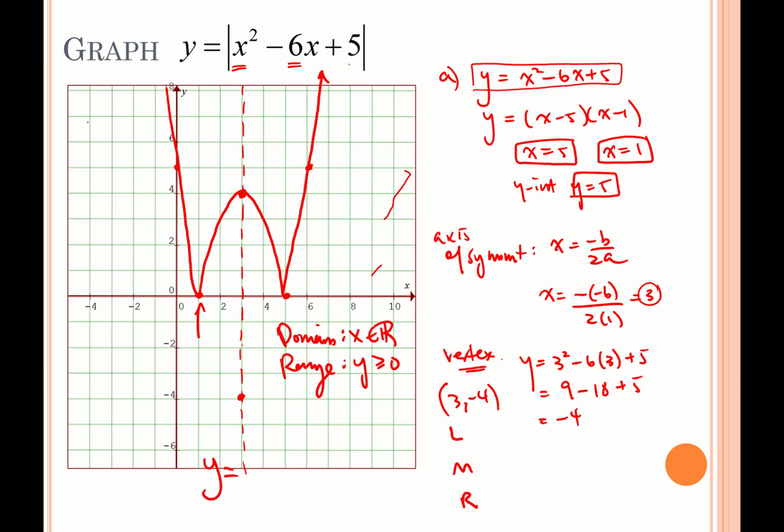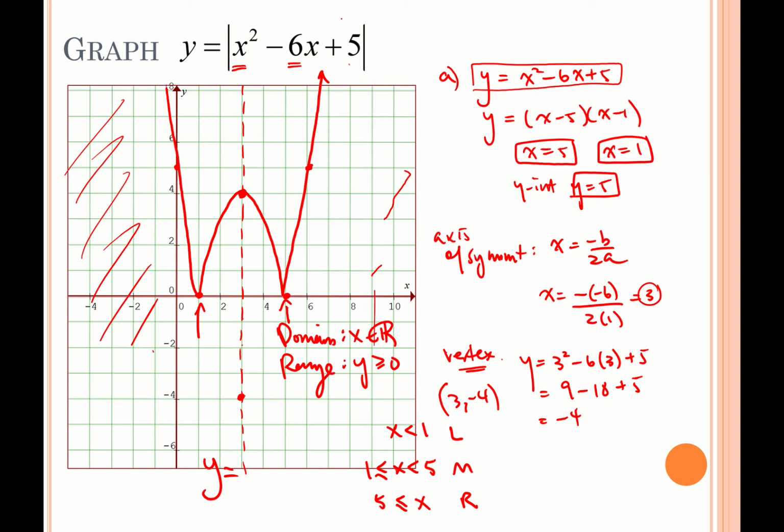So this part over here is x is less than 1. The middle is going to be between the 2 x-intercepts, so between 1 and 5. So x is greater than or equal to 1, but less than 5. The right side is to the right of the second x-intercept, so x is greater than or equal to 5.